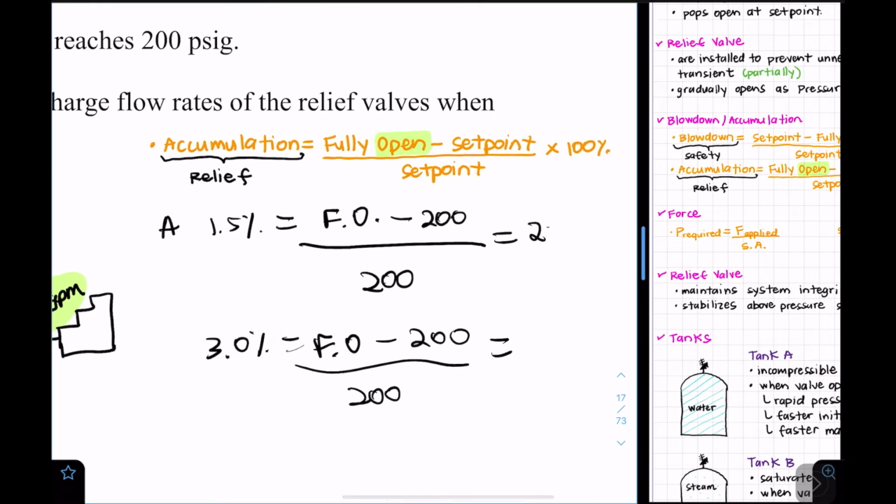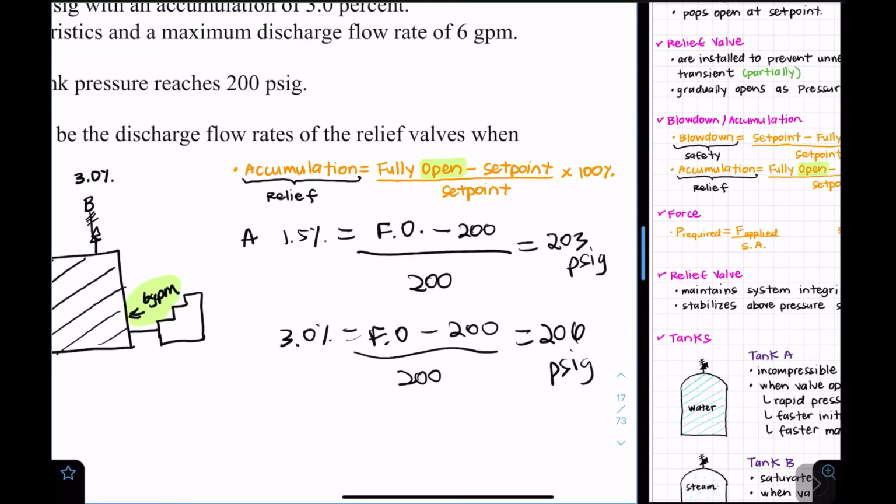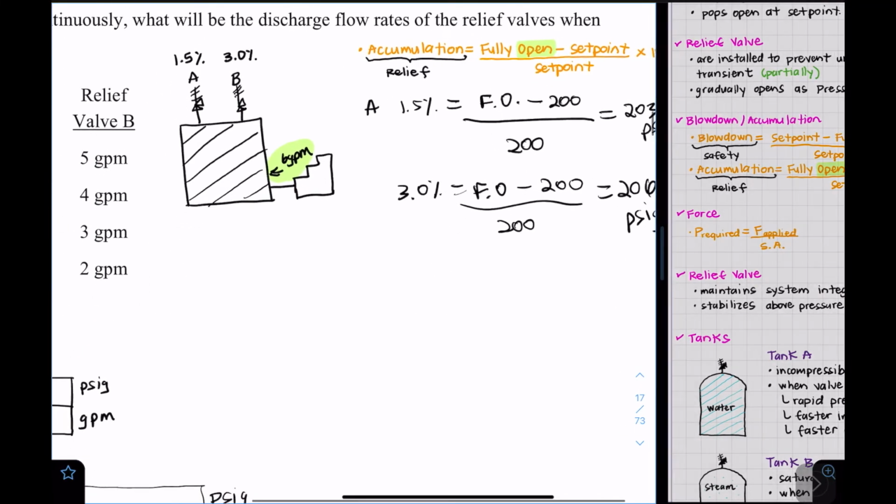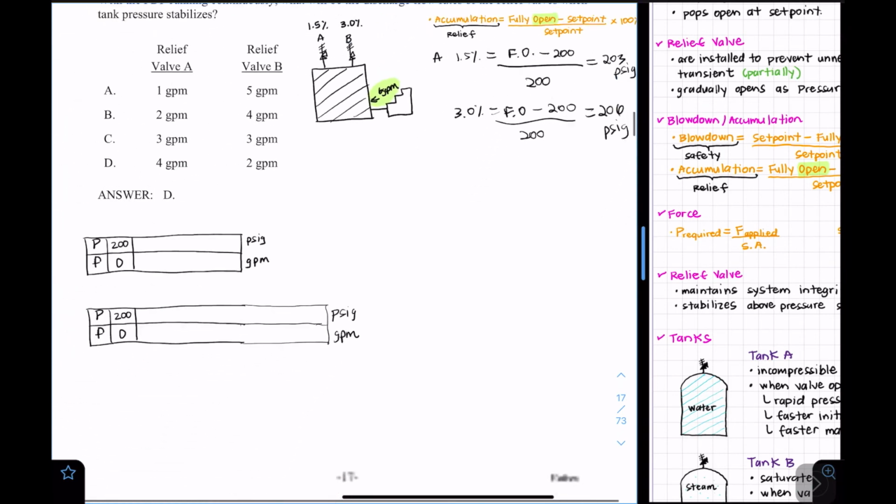So this one is going to be fully open at 203 psig. The next one is going to be at 206 psig. So both are going to be fully open at a different pressure, and it's obvious because they have different accumulations.